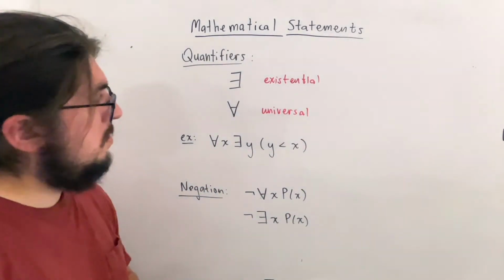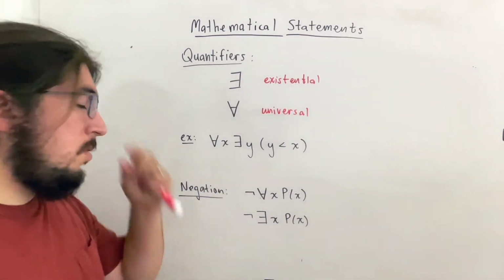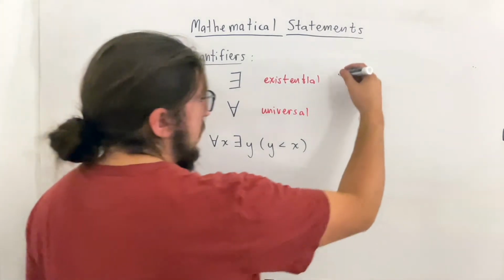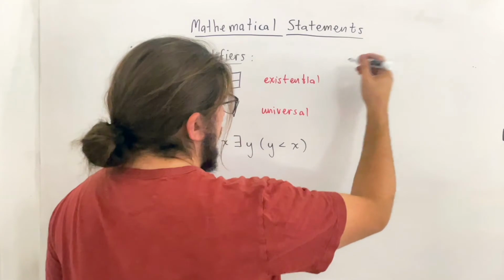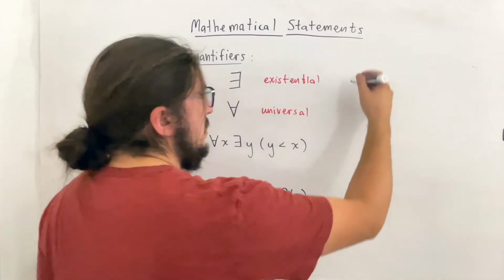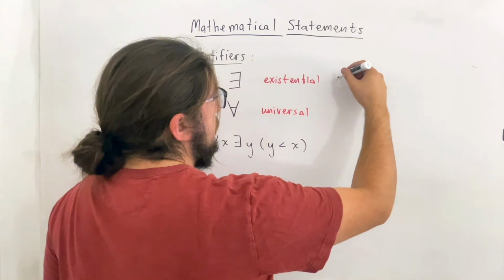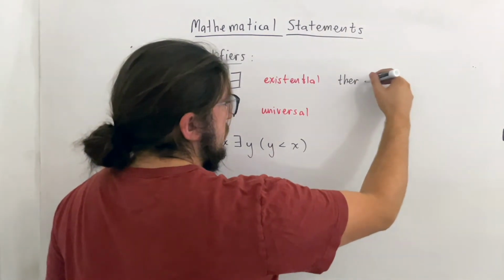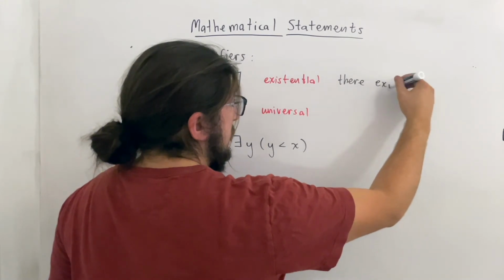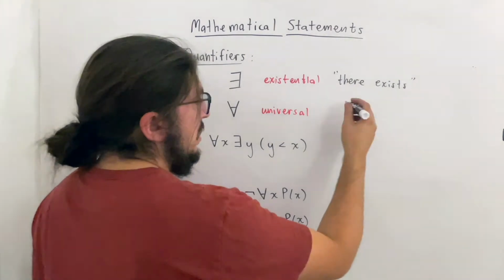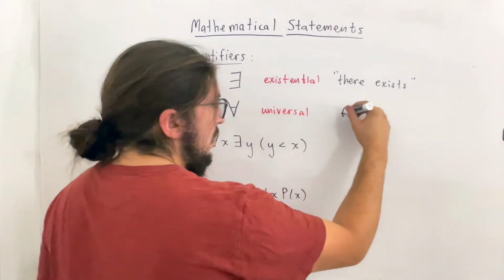So the existential quantifier and the universal quantifier are basically shorthand for the sentences, or part of a statement, there exists, or there is. I like to say there exists though. And this one is for all.